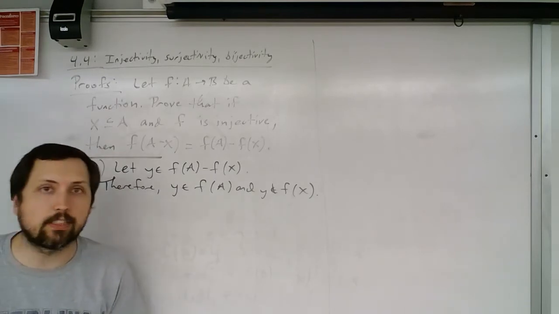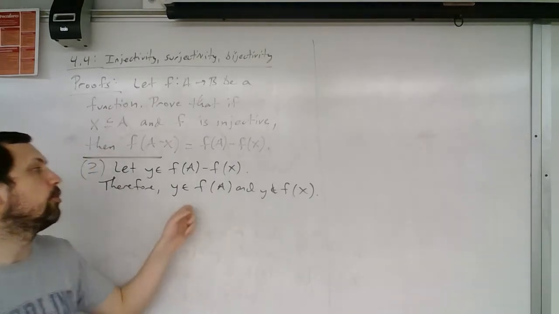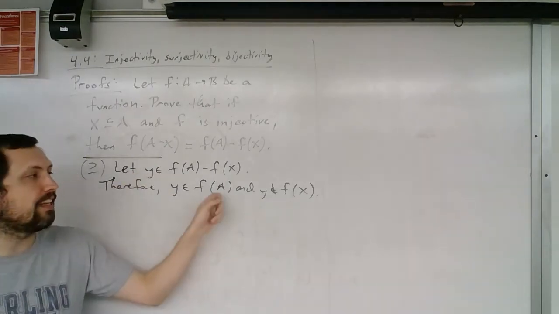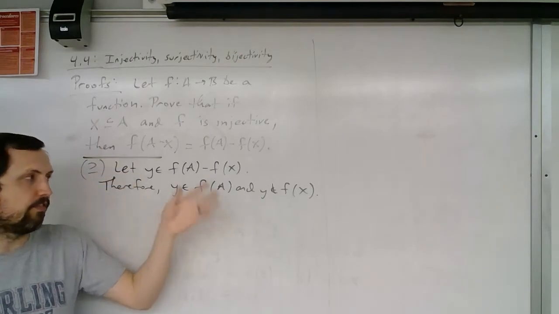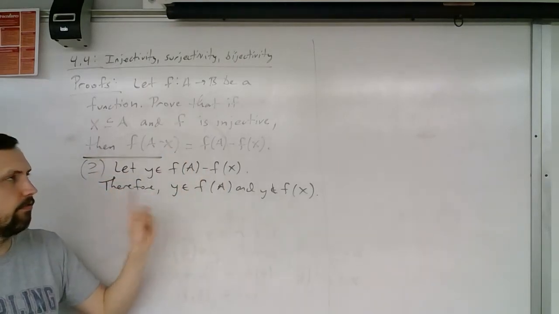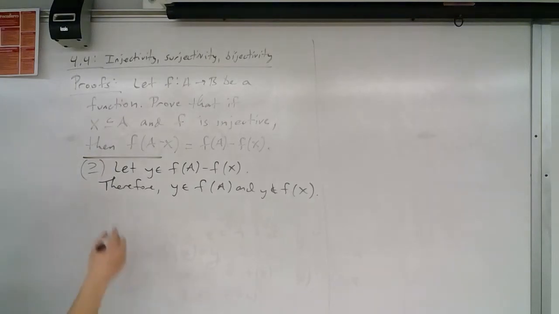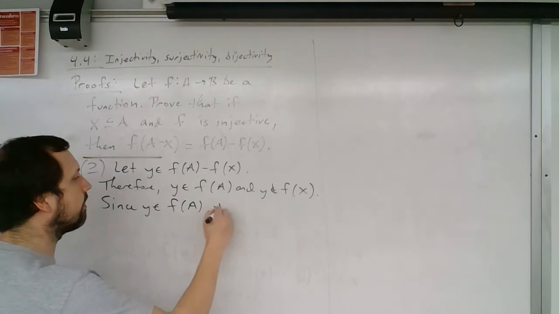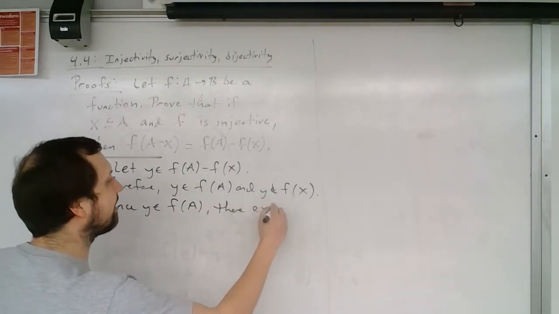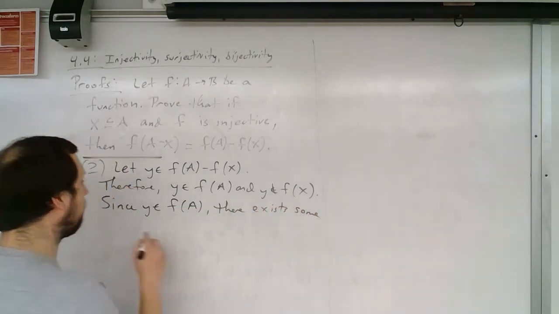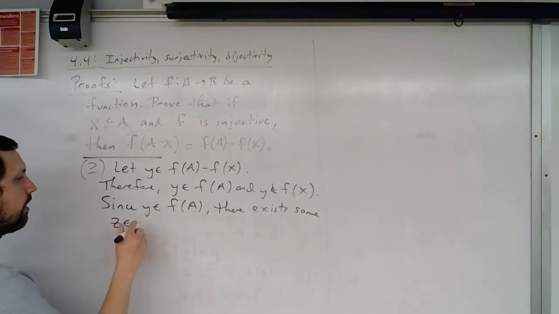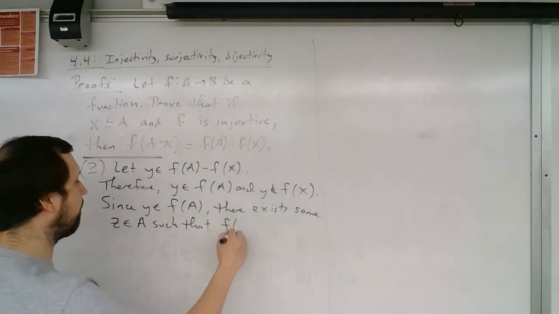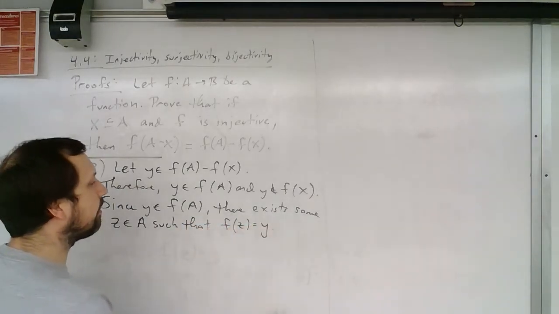Now we use other definitions that we remember about images. If you're in the image, what that means is that there was something in the set that the function gets evaluated from. So we would say that since y is an element of f of A, there exists some z which is an element of A such that f of z is equal to y.